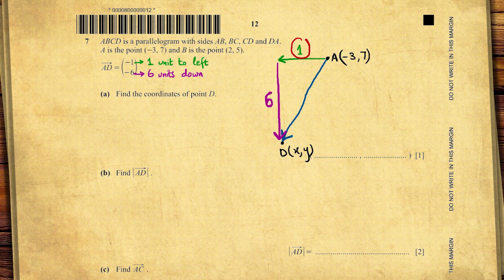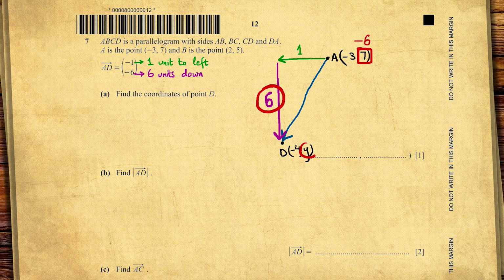So if we move 1 unit to the left, that means the x coordinate of point A will decrease by 1, and that will give us the x coordinate of point D. So -3 - 1 will give us -4. And we move 6 units downwards, and that means the y coordinate of point A will decrease by 6.